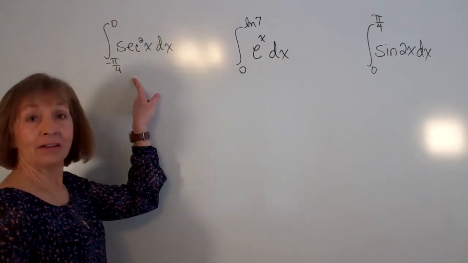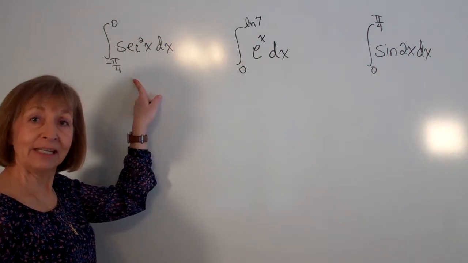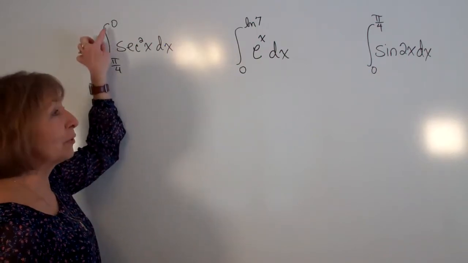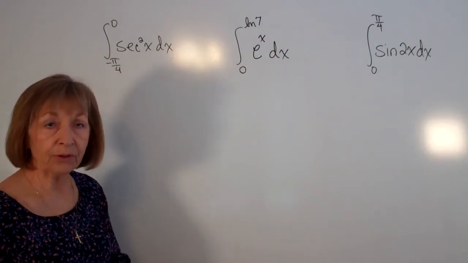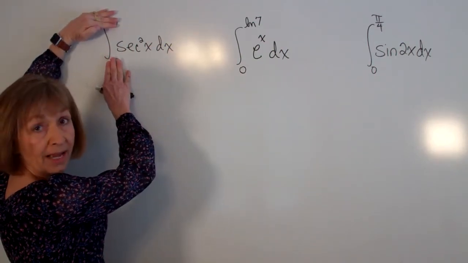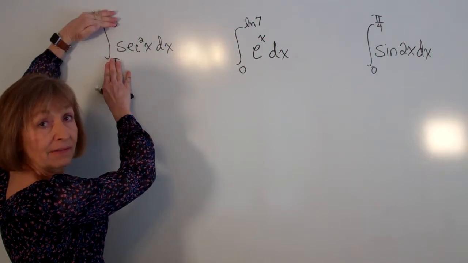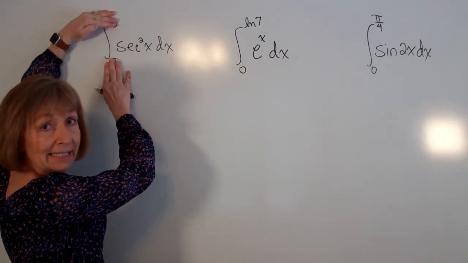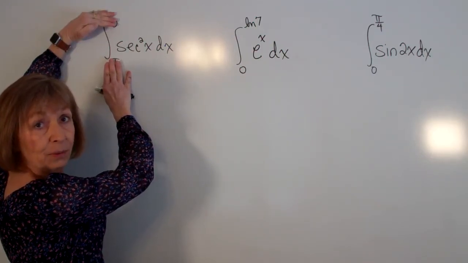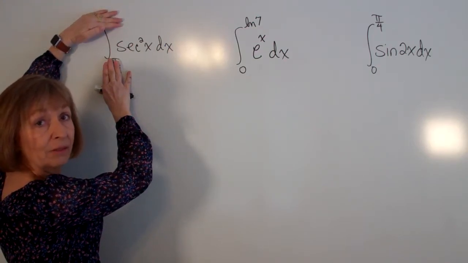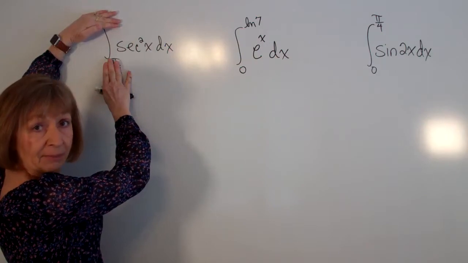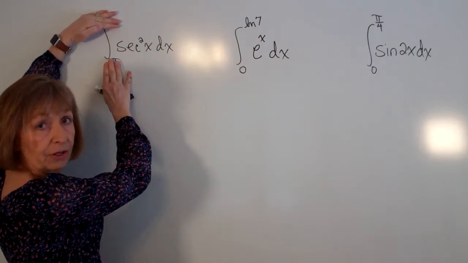So first of all, we have our definite integral from negative pi over 4 to 0 of secant squared dx. Remember that when we don't have the numbers on the endpoints of the integral symbol, that's our indefinite integral, and that's when we needed to find an antiderivative of the integrand and add the plus c. I got a family of functions out as an answer for those.